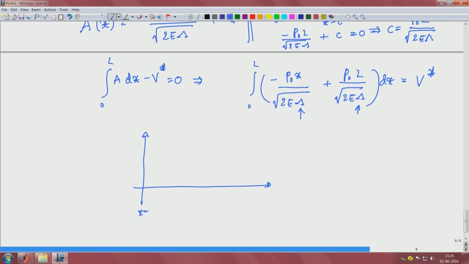If I say x equal to 0 to x equal to L, here the area profile, that is what we want, is 0, and then linearly tapering, it will go something like this.